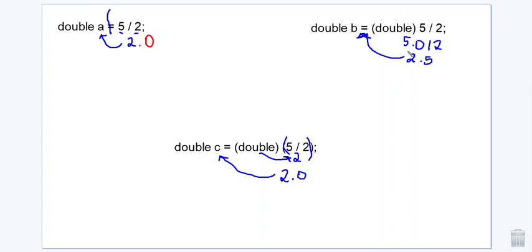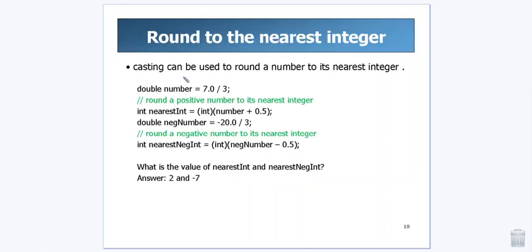So the only one that would have calculated 2.5 correctly, if that's what I needed it to calculate to, would have been here. The other ones, because in the division process neither was a decimal, all I ended up doing was putting 0.0 at the end, which is probably not what was intended.